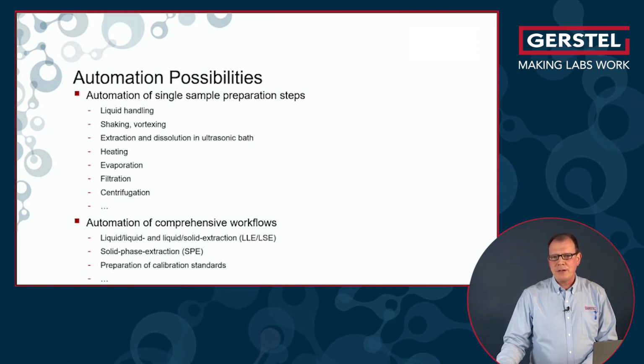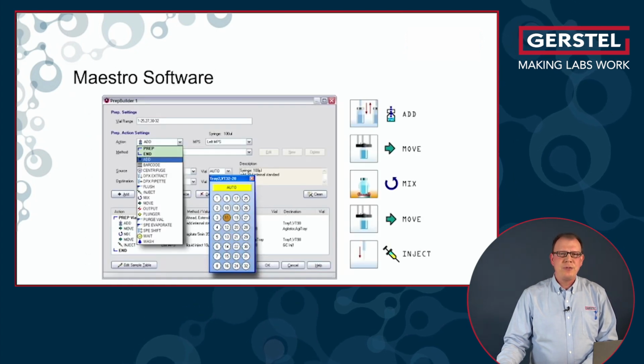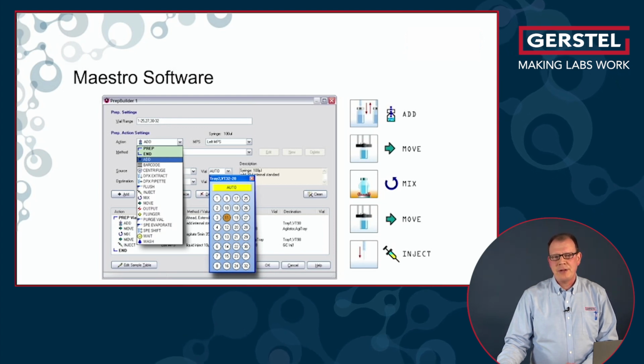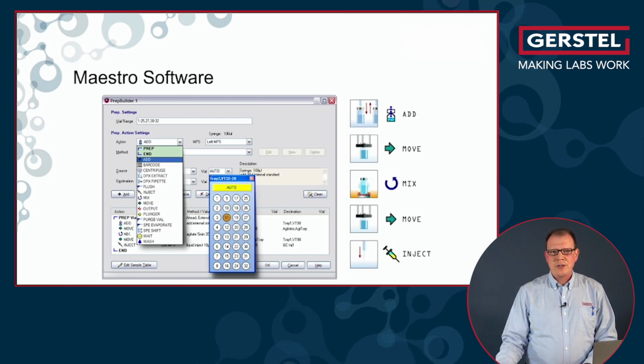Of course, hardware is not everything we need, so we also need good software for automating these steps, and in this case we use our Maestro control software, which controls every GERSTEL instrument, also the MPS.